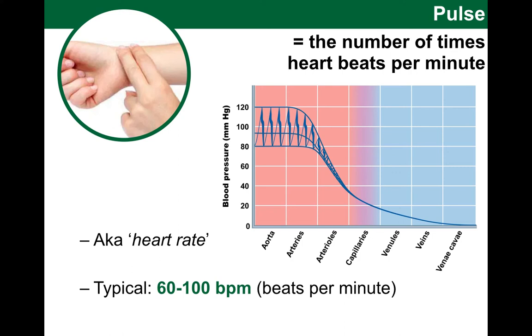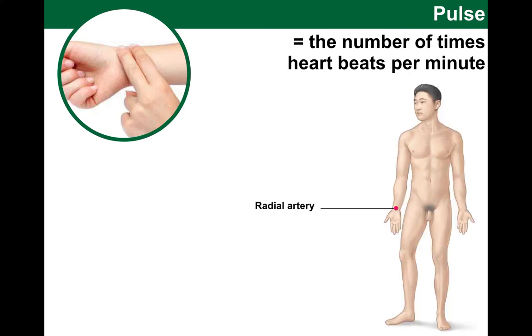So, where could we measure the pulse from? Taking a pulse is one of the things that the nurses or healthcare assistants always want to do when you go to the doctor. This is considered one of your vital signs, in addition to the blood pressure, respiratory rate, and body temperature.